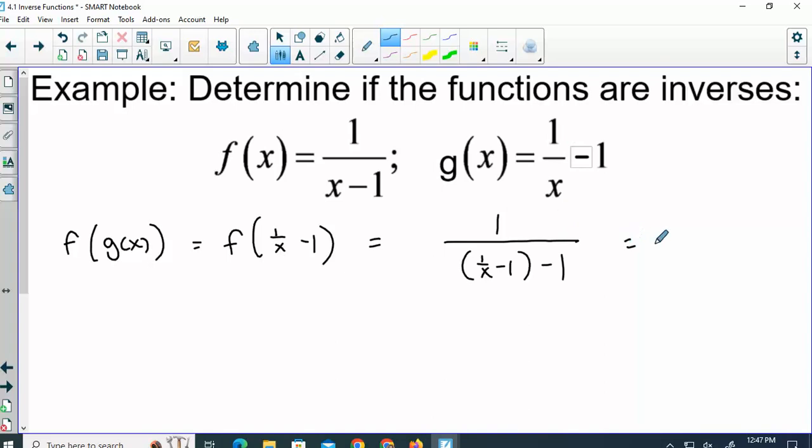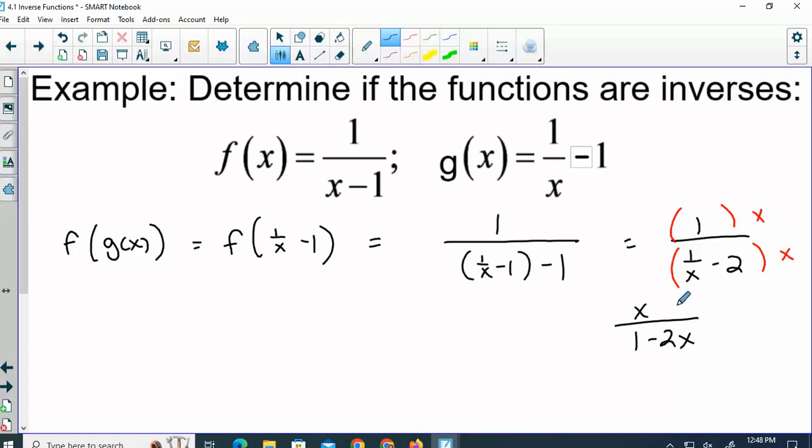So if I start looking at this, I have 1 over x minus 2. If you didn't want the fraction in a fraction, one good strategy is to multiply by the denominator, which is x. So I'm just going to multiply top and bottom by x. And that gives me x over 1 minus 2x.